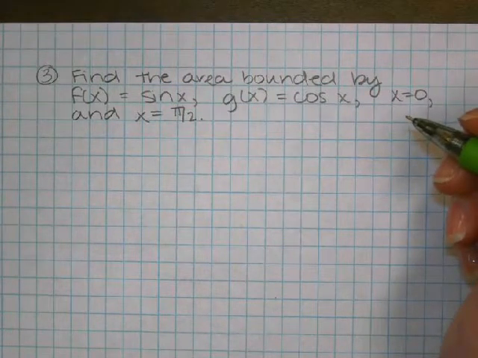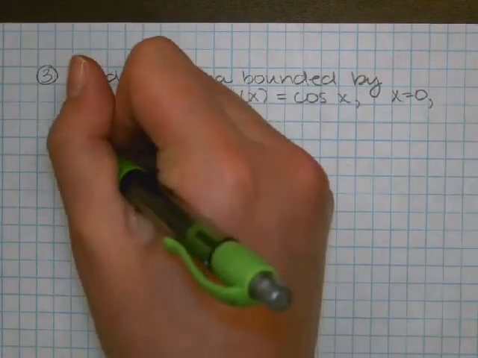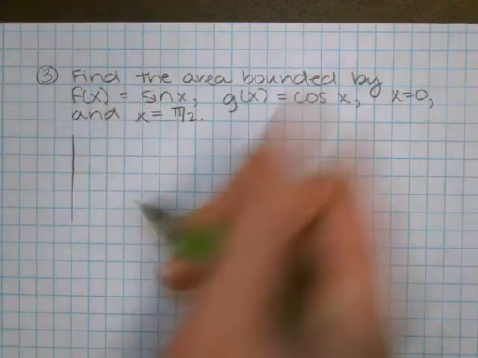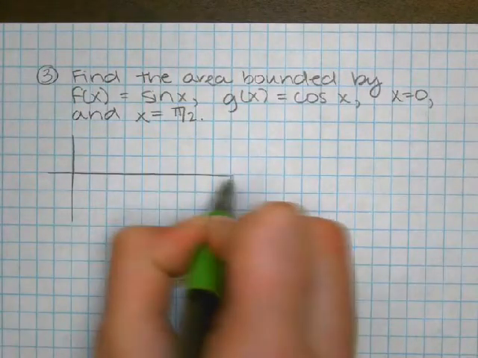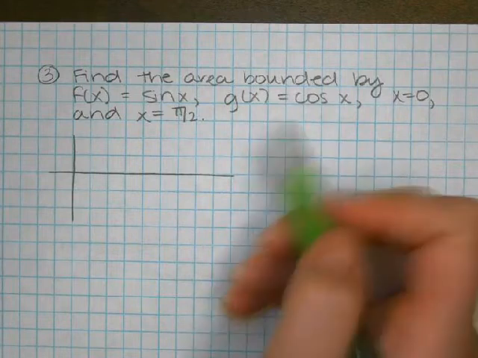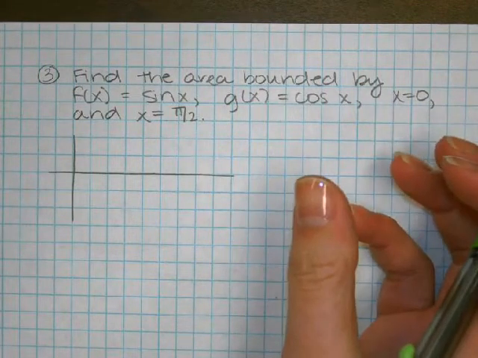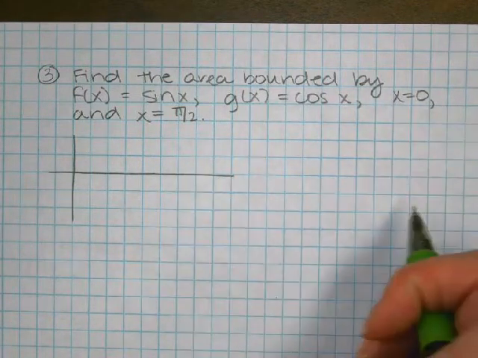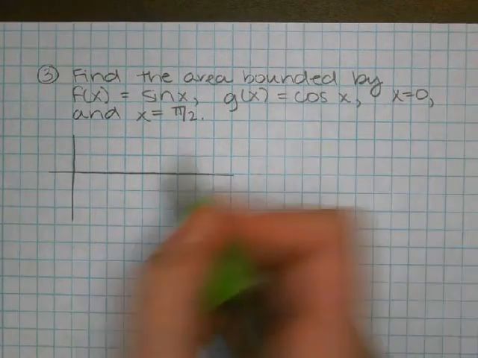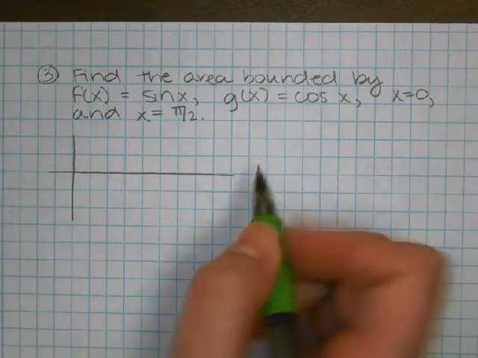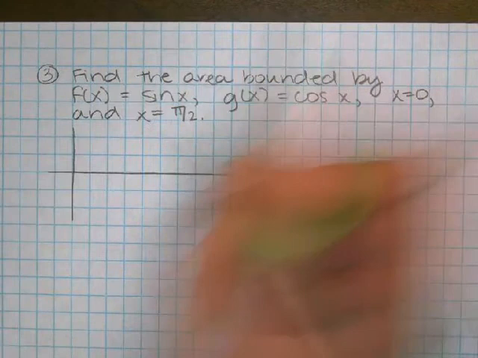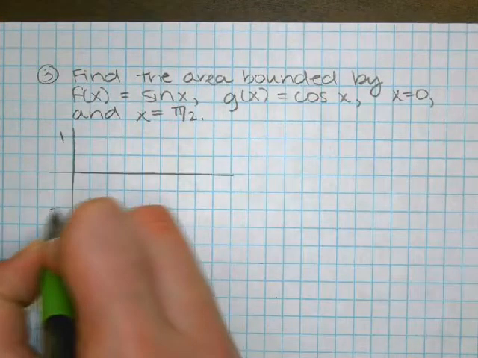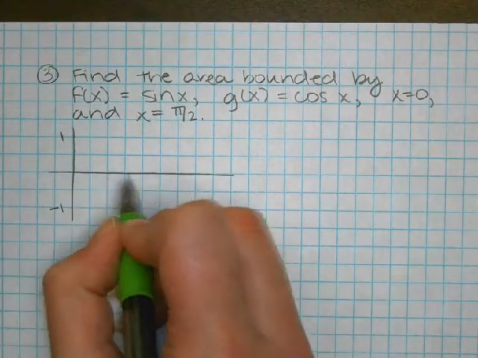Okay, so we're going to go ahead and sketch a picture of this first. And I know that sine graphs and cosine graphs do a complete rotation of the curve from 0 to 2 pi. So I'm going to go ahead and just draw the whole thing because that's what I'm used to. And I know that the y-axis goes from -1 to +1.